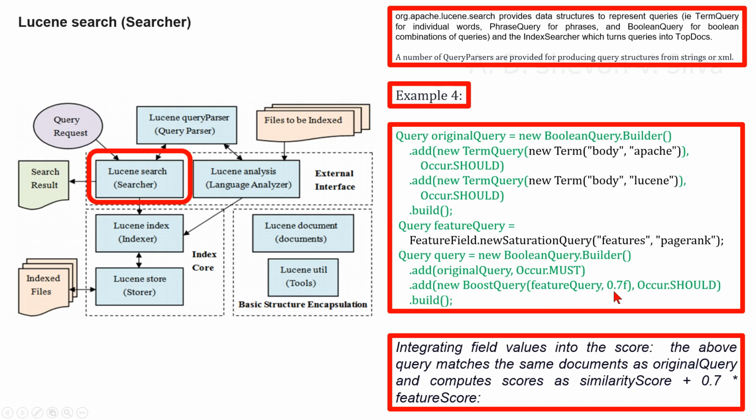Here the query matches the same documents as the original query and computes scores as similarity score plus 0.7 multiplied by the feature score.